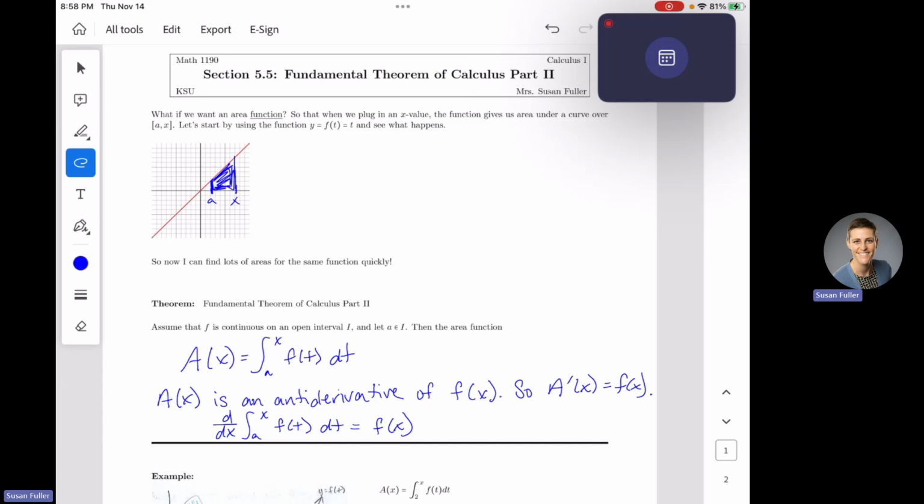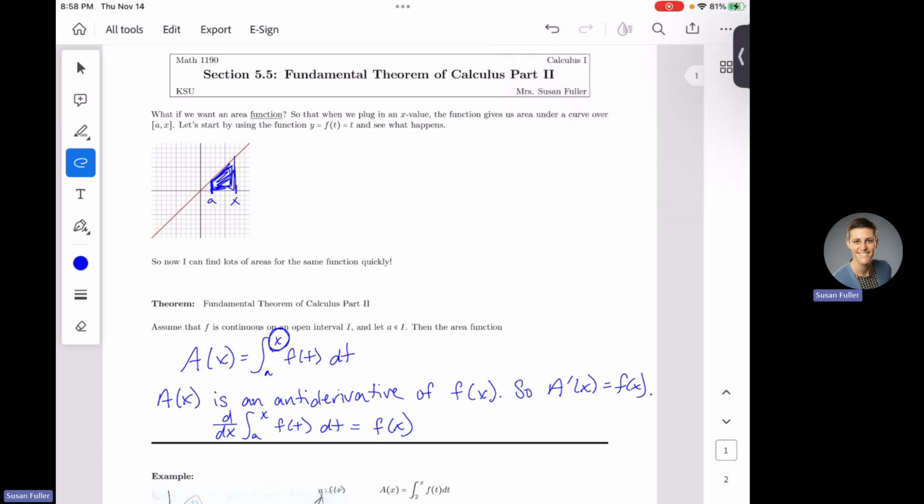We're going to let that move. And so that is our variable up here. It becomes one of the bounds in our integral. So that's how we would find an area formula where when we plug x in, what we get out is the area underneath y equals some function f from x equals a to x equals whatever our variable is.